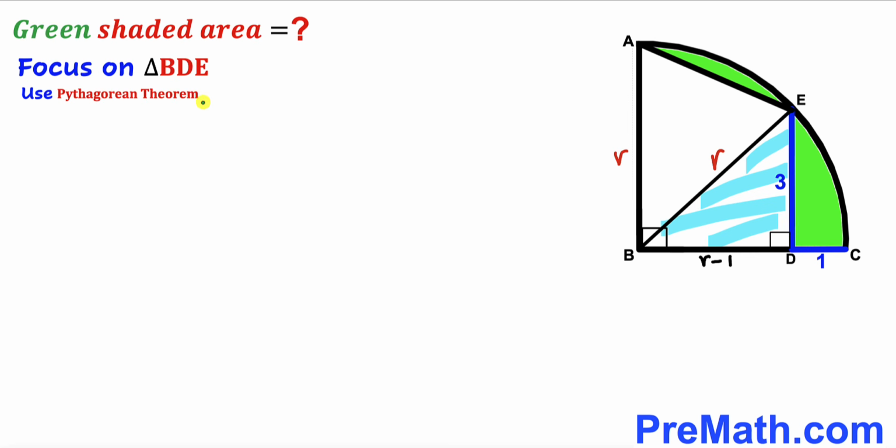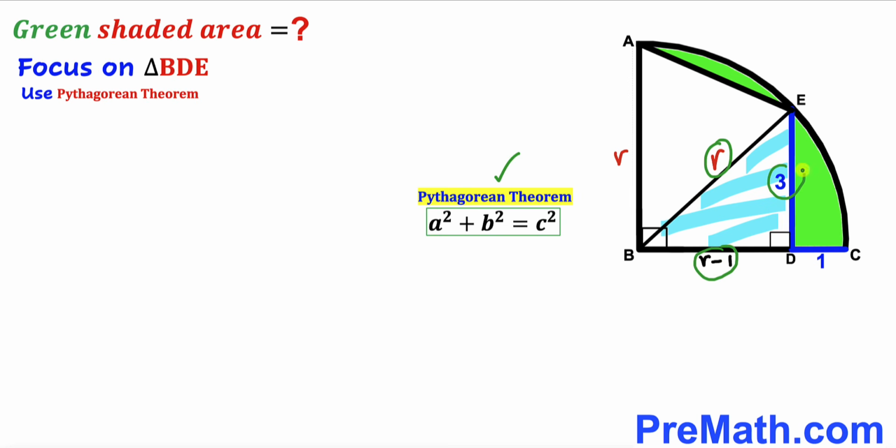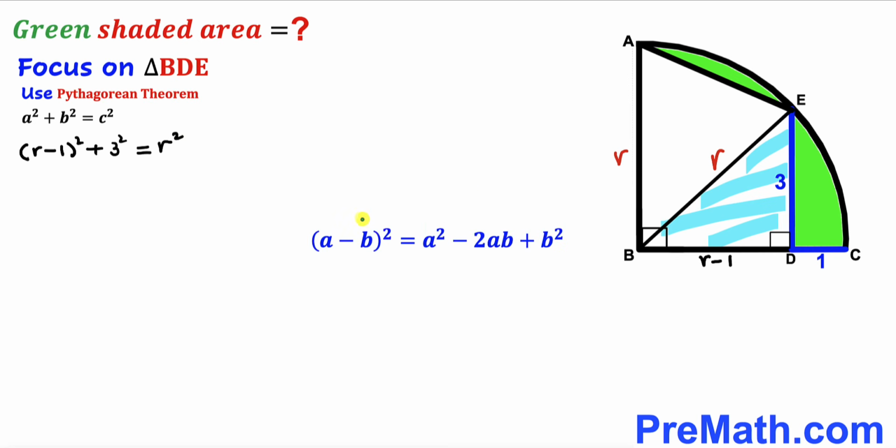Now we are going to apply the Pythagorean theorem on this right triangle: a square plus b square equals c square. In our case, the hypotenuse is r, whereas the two other sides are r minus 1 and 3. Filling in the formula, we get r minus 1 whole square plus 3 square equals r square. Recall the identity: a minus b whole square equals a square minus 2ab plus b square.